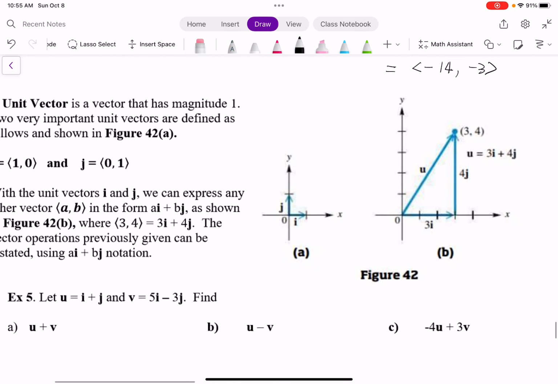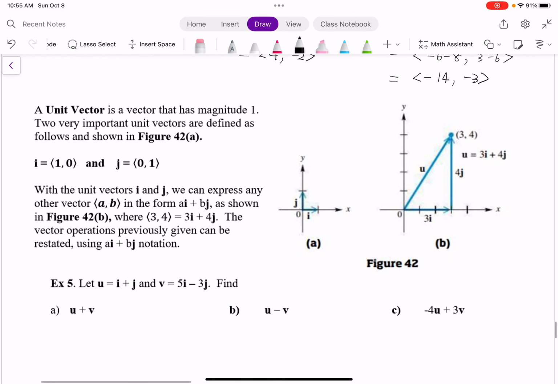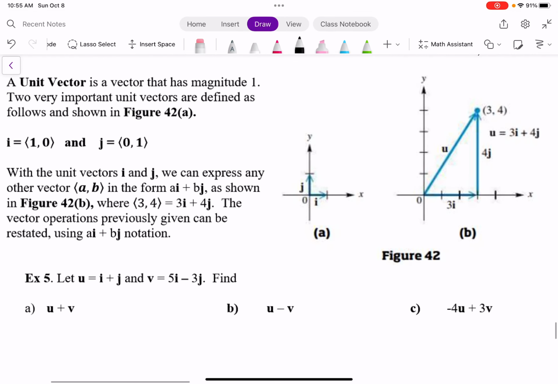Let's see, the next part is the unit vector. A unit vector is a vector that has magnitude 1. Two very important unit vectors are defined as the following. We are not only having one unit vector. This is also a unit vector, for example. The length is 1. The two special unit vectors we call i and j.